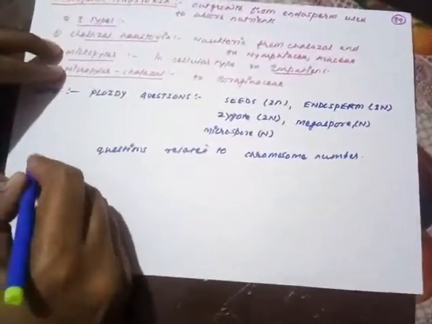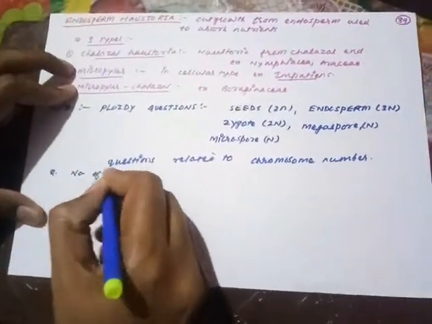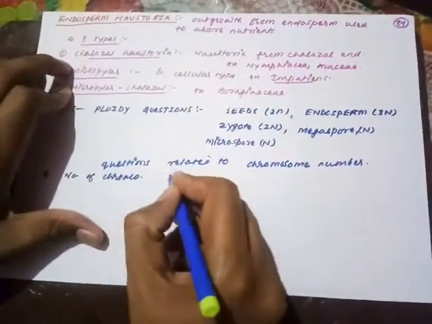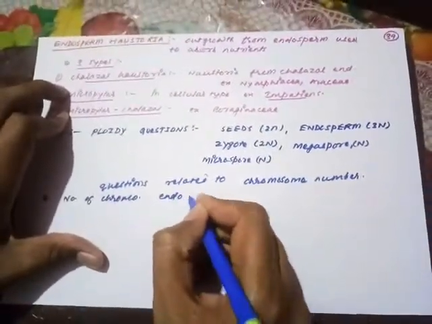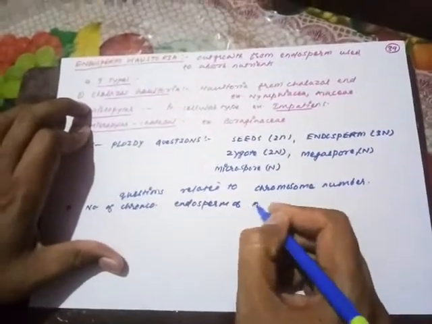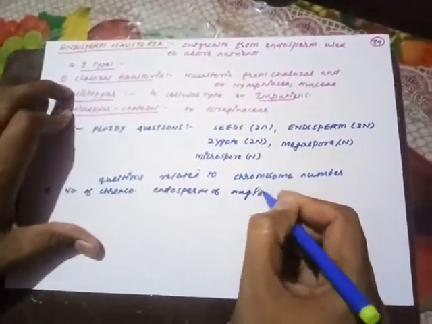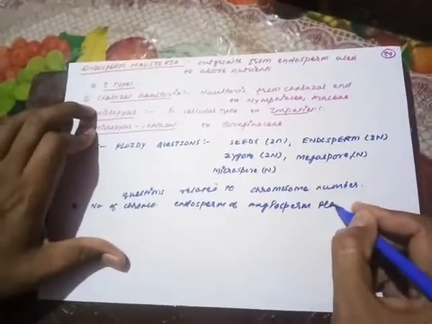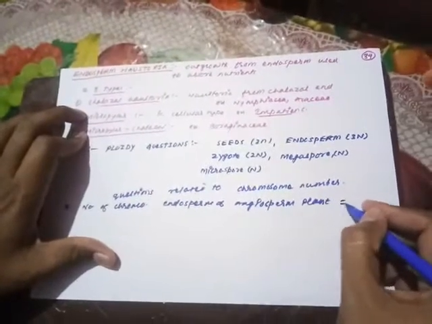Suppose the question says the number of chromosomes in the endosperm of an angiosperm plant is 36.